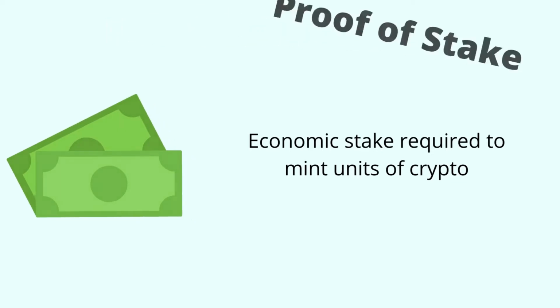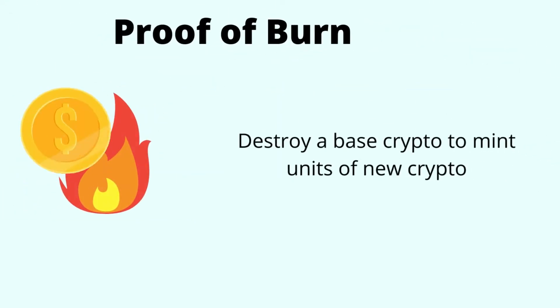Now I'm going to talk about another consensus mechanism which might not be well known, called proof of burn. This is interesting for us because proof of transfer is actually a modified version of proof of burn. Proof of burn destroys units of an already existing base cryptocurrency in order to mint units of a new cryptocurrency.